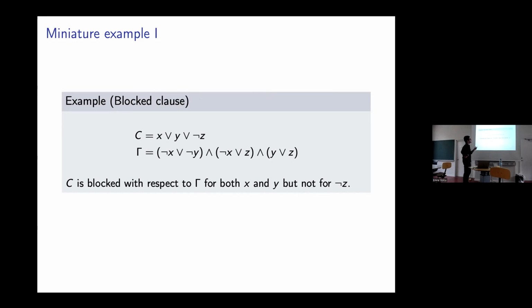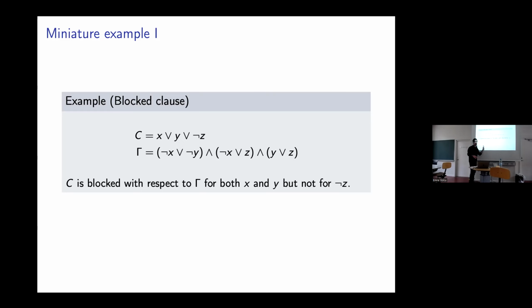It's just saying that for all the clauses in the formula, something has to hold, and that condition is only about the two clauses that you're looking at, that you're taking the resolvent of. So if you added some clauses here, there's nothing that you can do to make this clause blocked or not.